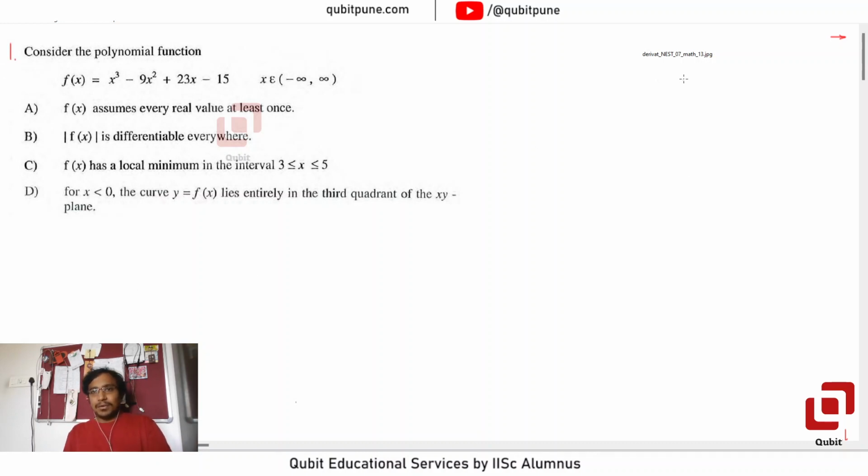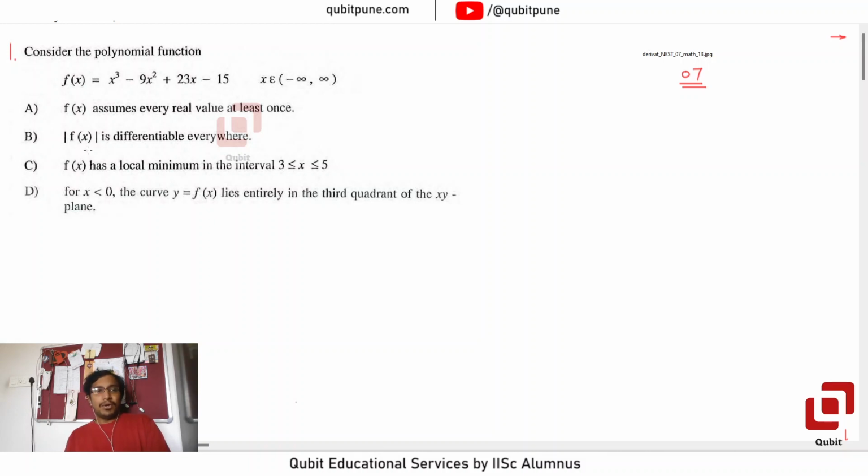This question is from NEST 2007. Consider the polynomial function f of x equal to x cubed minus 9x squared plus 23x minus 15, x belongs to negative infinity to infinity. Option A, f of x assumes every real value at least once.